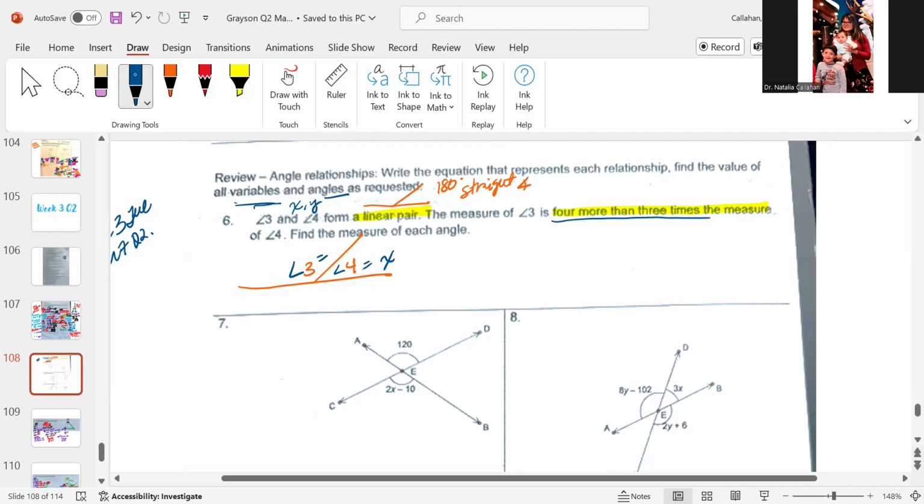How do you write 4 more than 3 times? 4 more implies it's plus 4. 3 times is 3x. So if you put it all together, angle 3 is what? What would that equal?